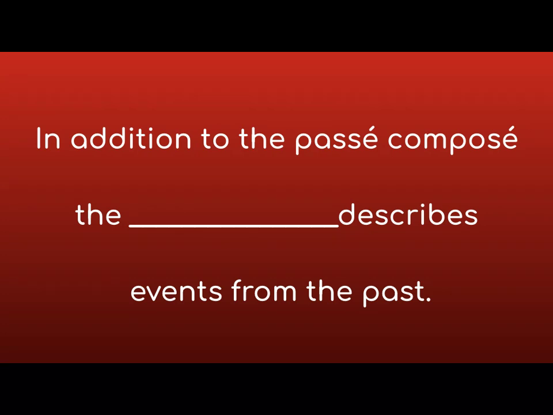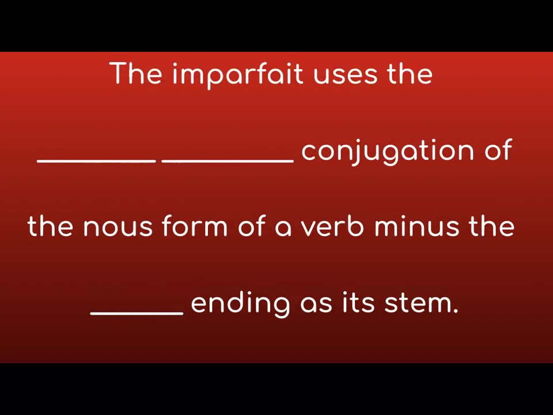But now it's just conjugating the verbs correctly. In addition to the passé composé, the imperfect describes events from the past. The imperfect uses the present tense conjugation of the nous form of a verb minus the ONS ending as its stem.